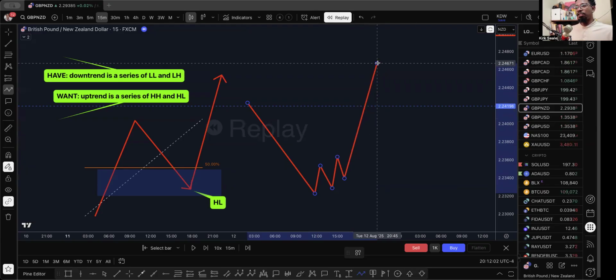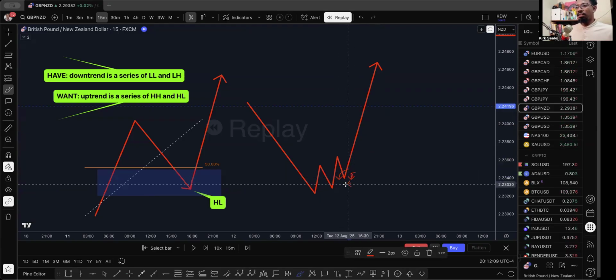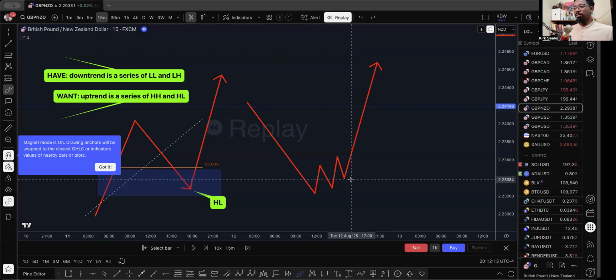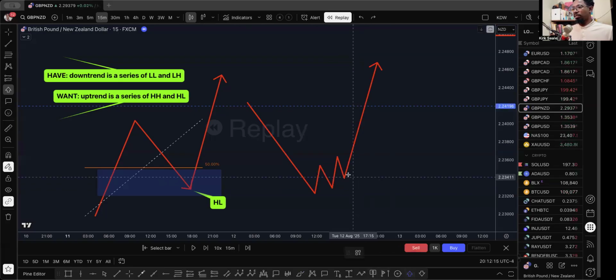We took the entry, right? We took the trade here. Second higher low.